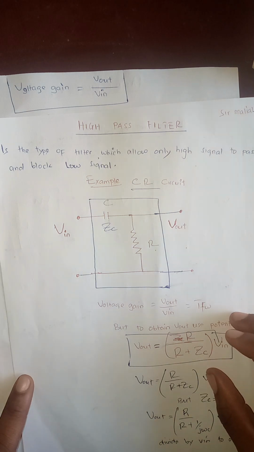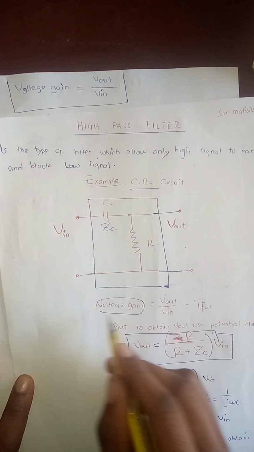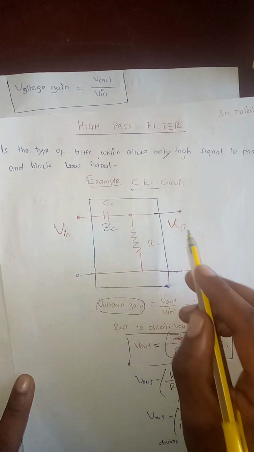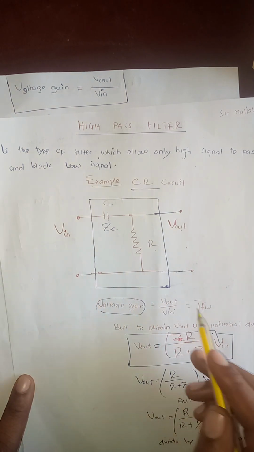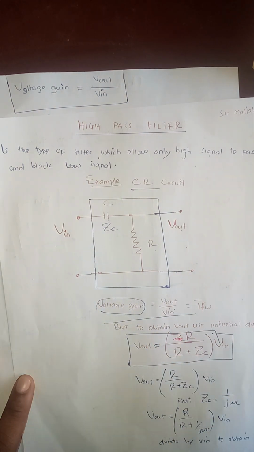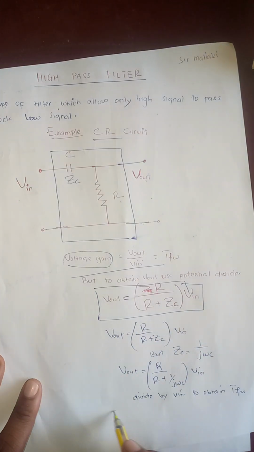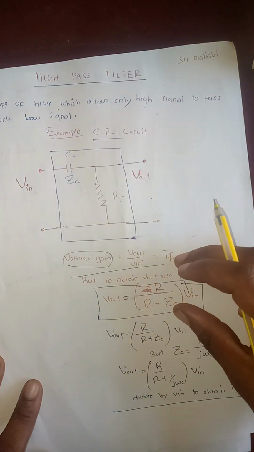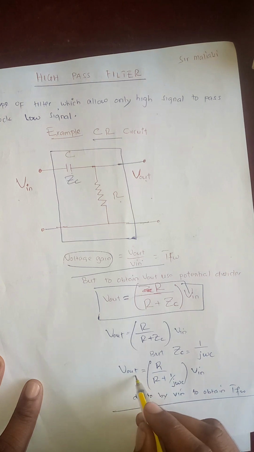Now you can also find the voltage gain. We know voltage gain is voltage output over voltage input. You use the potential divider to obtain the voltage output.